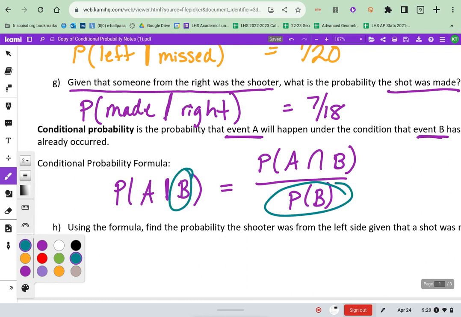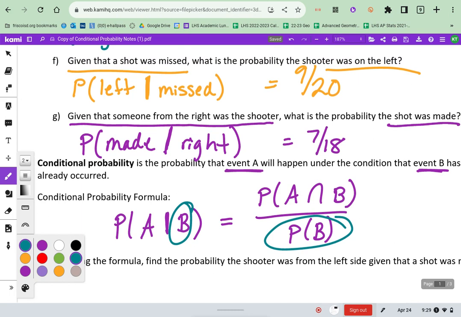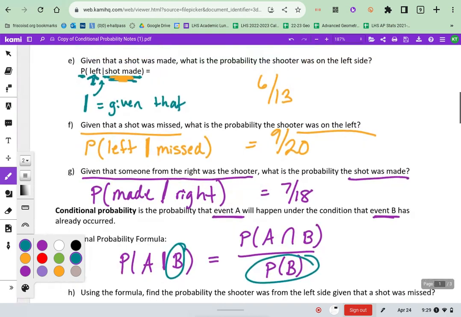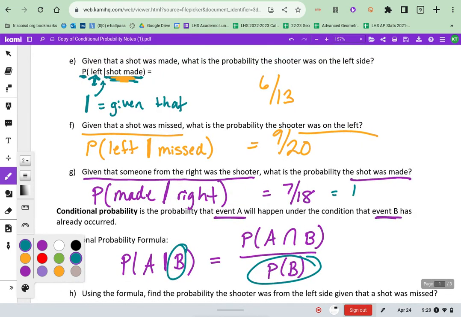So for example, let's look at G again, that given right, probability made. So this would be the probability of made and right. That upside down kind of U shape means "and." So probability of made and right divided by the probability of just the right.